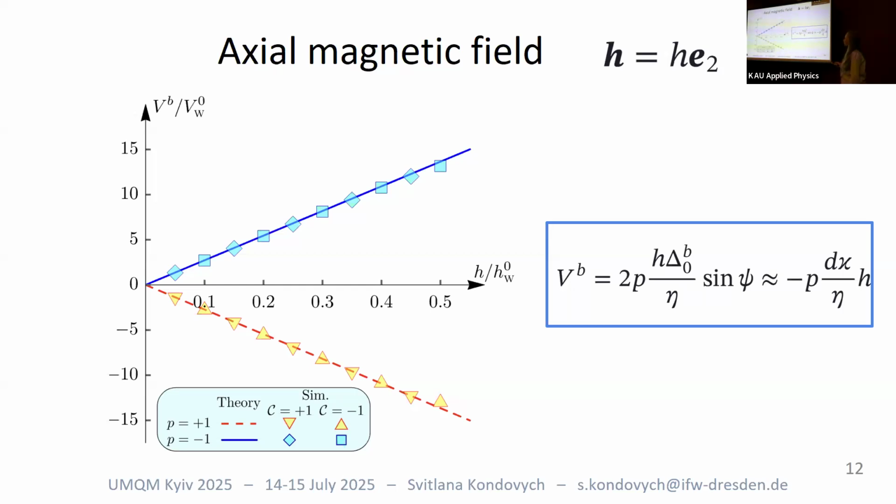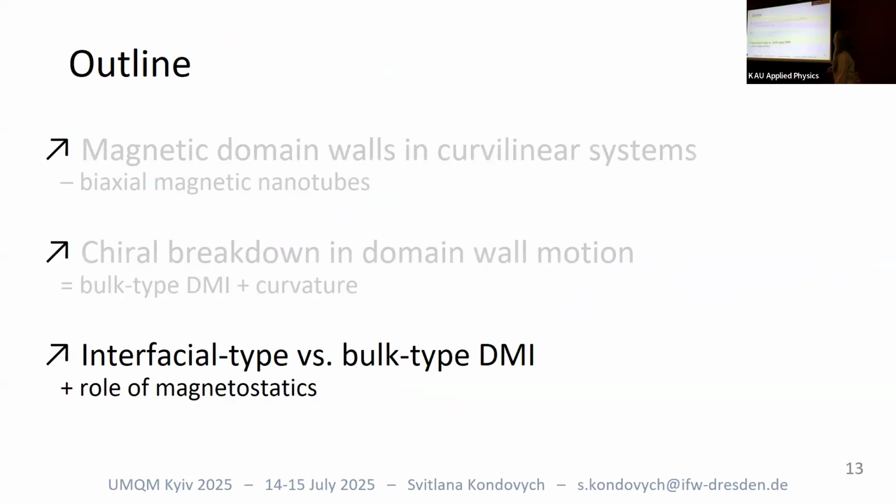The topological charge defines the direction of the movement of the domain wall, and we see it is proportional to the DMI and curvature of the system. So it simply defines the direction of the motion, and it is possible to have this constant velocity because of the interplay of bulk DMI and curvature in the system.